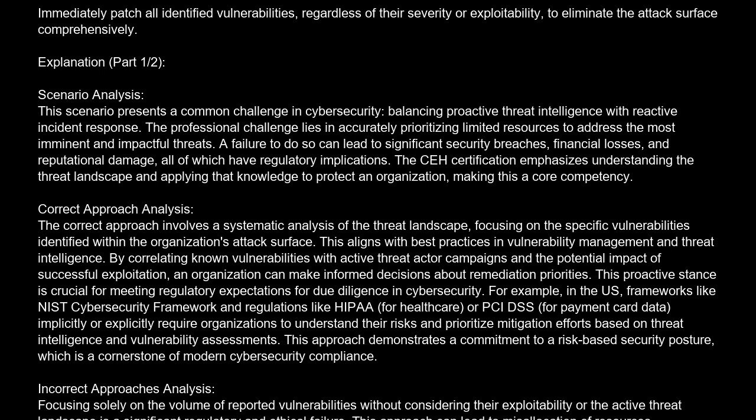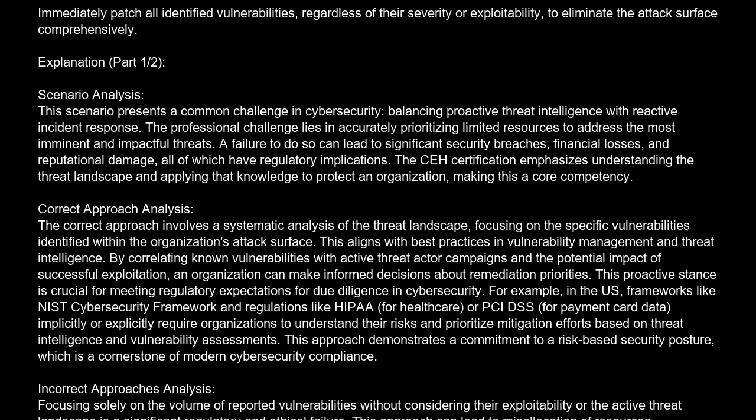For example, in the U.S., frameworks like NIST Cybersecurity Framework and regulations like HIPAA for healthcare or PCI DSS for payment card data implicitly or explicitly require organizations to understand their risks and prioritize mitigation efforts based on threat intelligence and vulnerability assessments. This approach demonstrates a commitment to a risk-based security posture, which is a cornerstone of modern cybersecurity compliance.